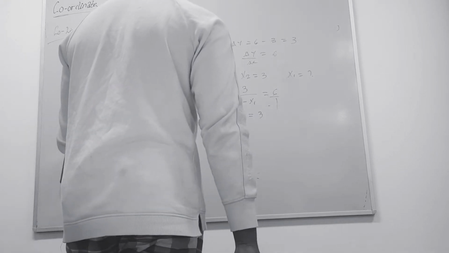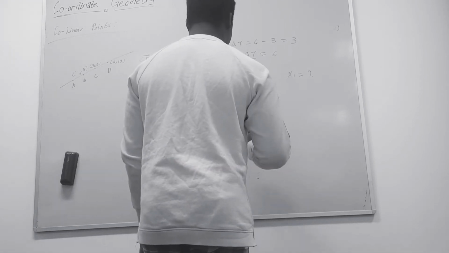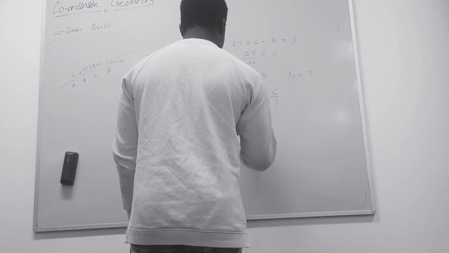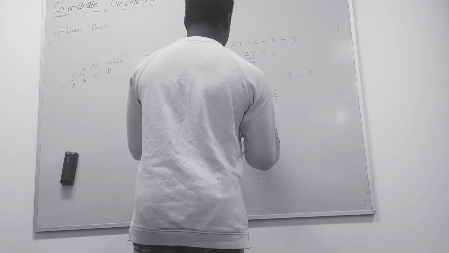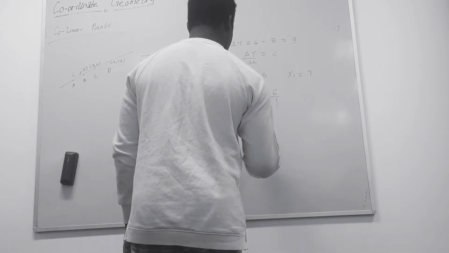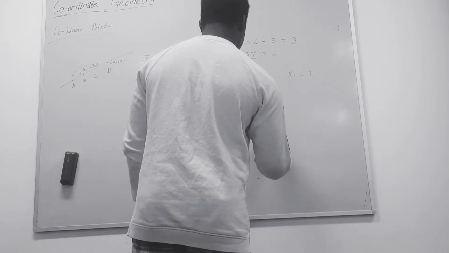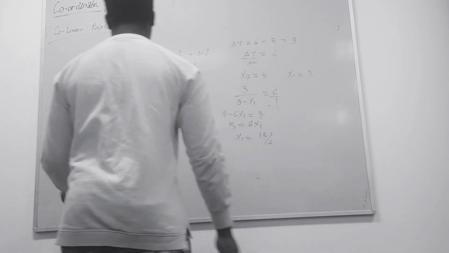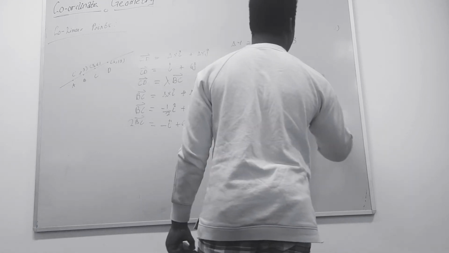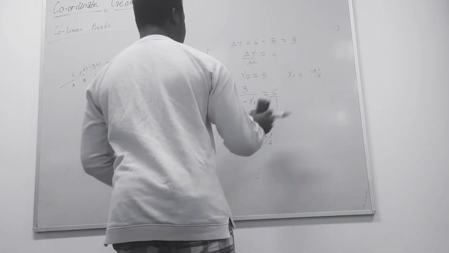Oh, I see my mistake. Where did I get 21 from? And 3, so if I take 3 here, so it becomes minus. So I have 15 is equal to 6x1, right? And x1 is equal to 15 divided by 6. Hence, if I have x1 to be equal to 15 divided by 6, I have that delta y.